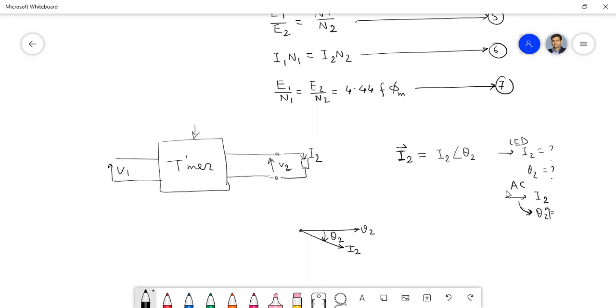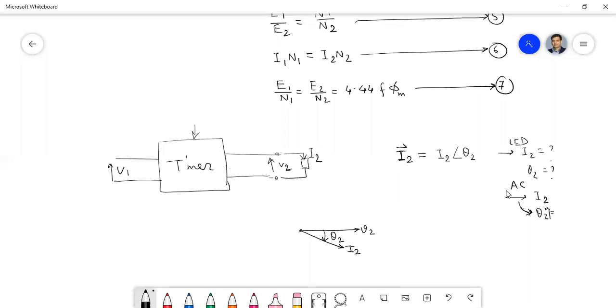And as it's an inductance, the angle will be lagging. For all inductances, the angles are generally lagging. And in our household applications, we generally use coils in most of the devices. We don't use capacitors.